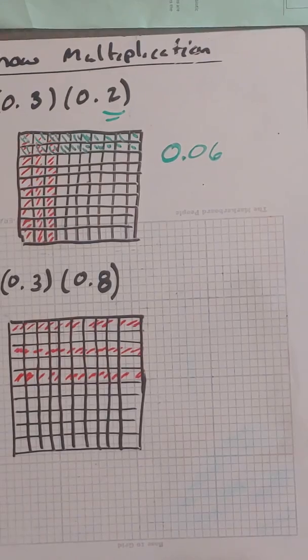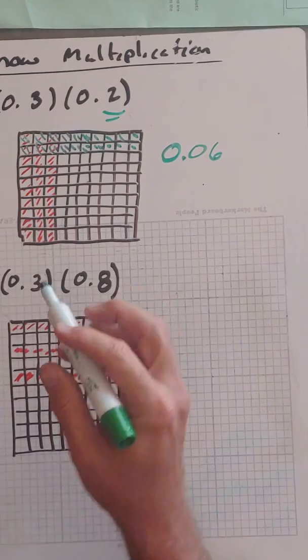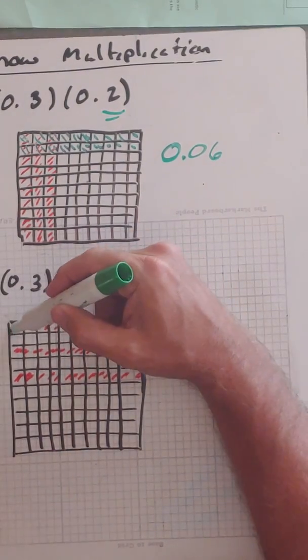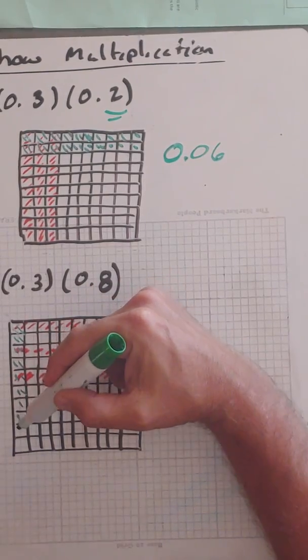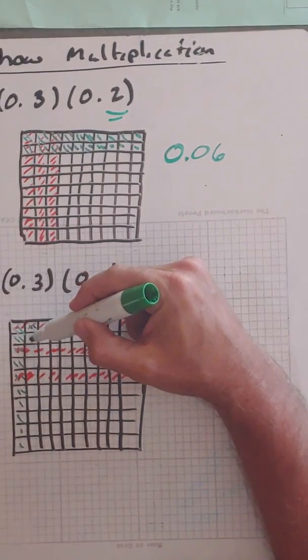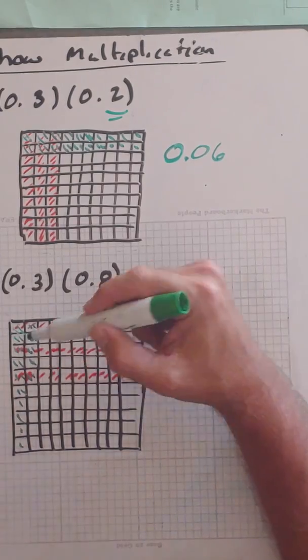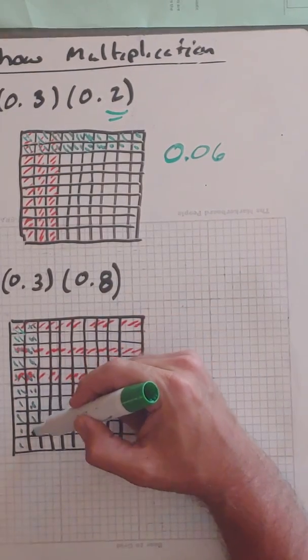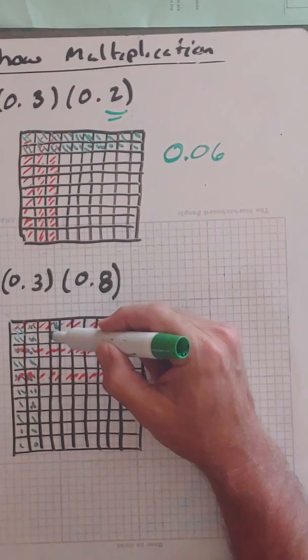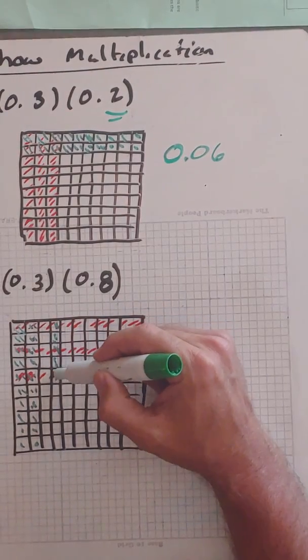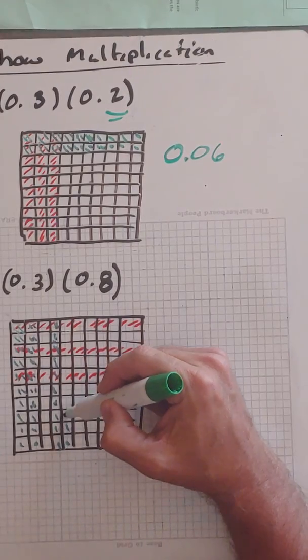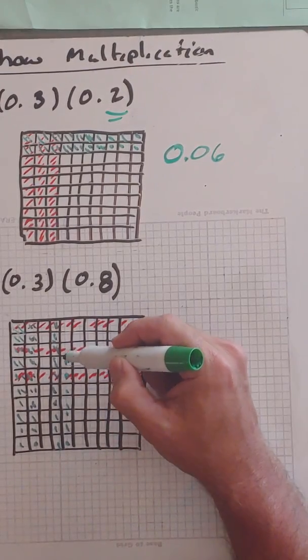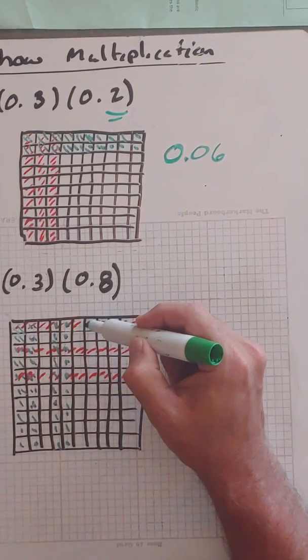And this time I need to cut it into 8/10. So that's going to be a lot of them. So I'm going to go there's 2. And this will be my third one. Fourth. Fifth.